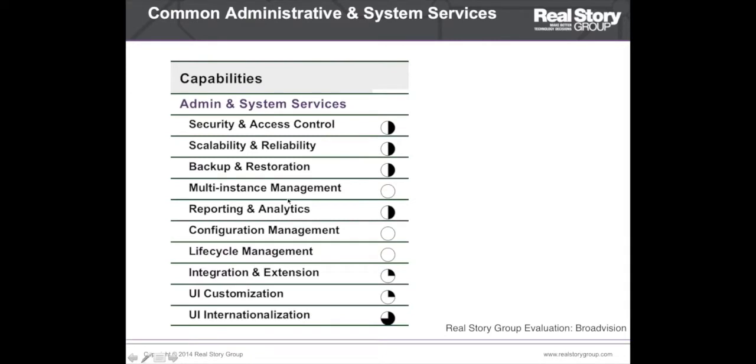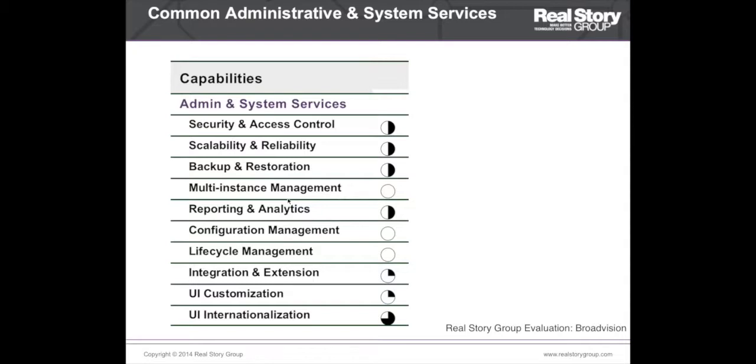One of the areas in this segment in particular is a lot of emphasis on feature richness, but still, even 7 or 8 years in, a fair bit of immaturity when it comes to certain enterprise-wide administrative and system services that you might require.